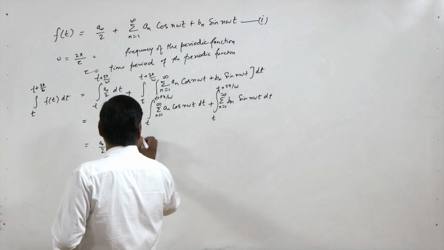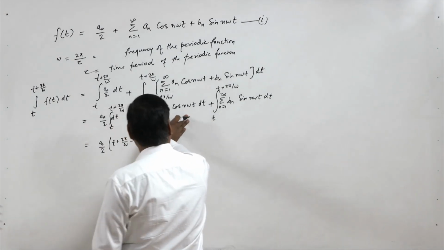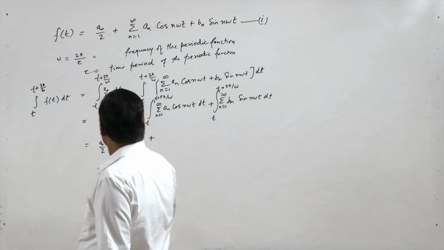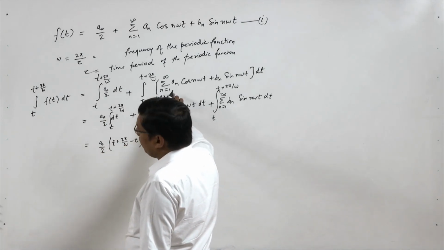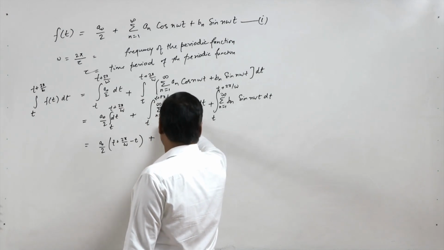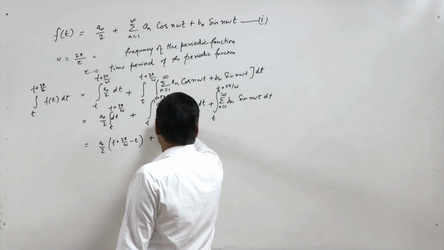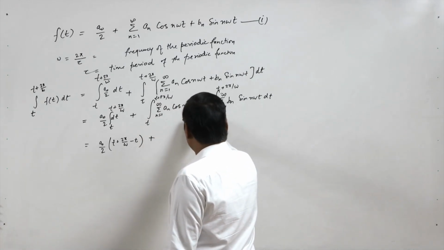Now for these terms, we have the integral over one cycle, t to t plus 2 pi by omega, and an is constant: for n equal to 1 it is a1, for n equal to 2 it is a2, times cos n omega t dt.